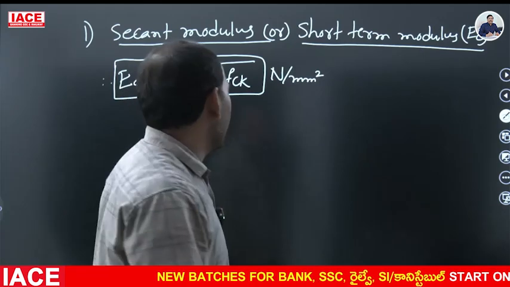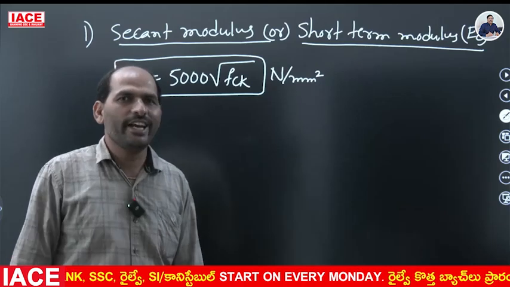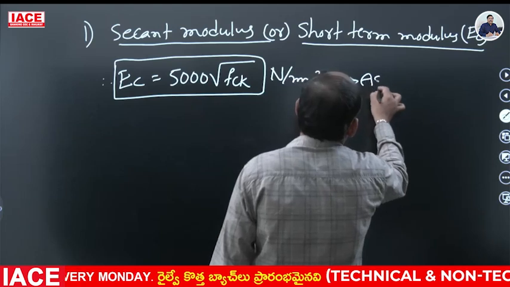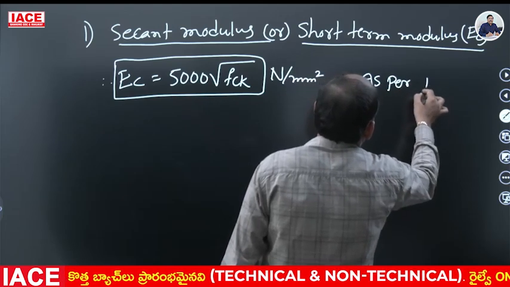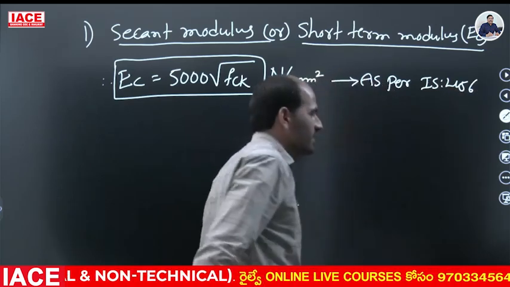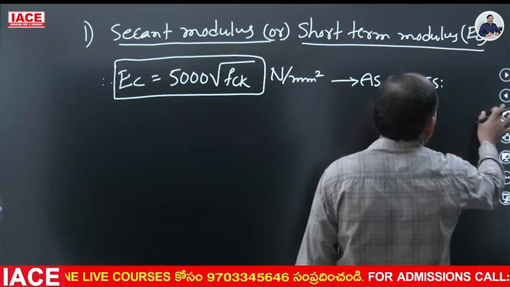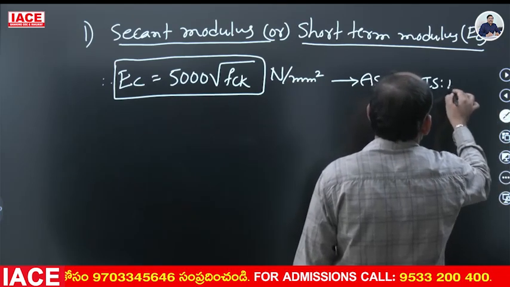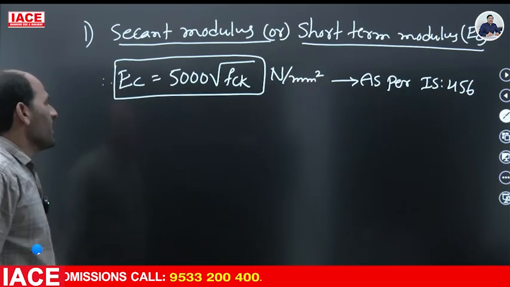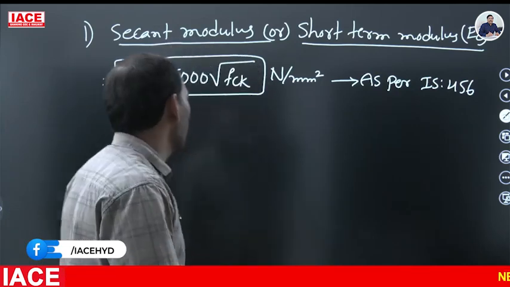For determination of the short term modulus or secant modulus, as per the Indian Code of Practice, as per IS 456-2000, this is 5000 under root of fck.